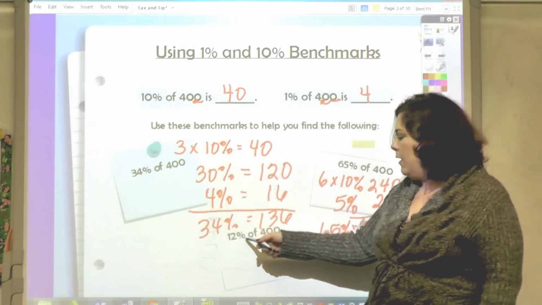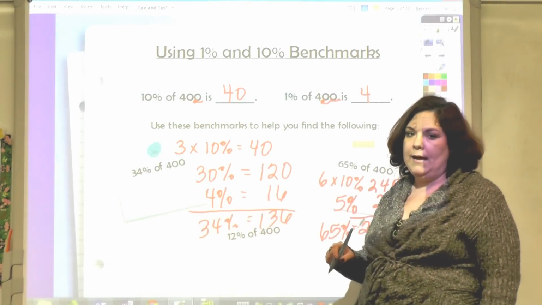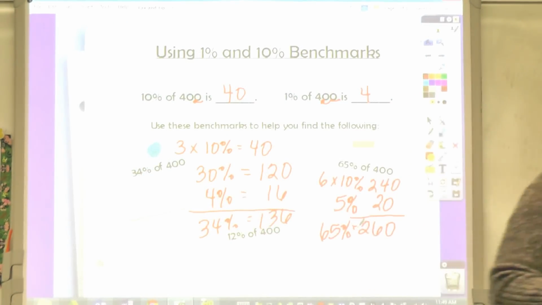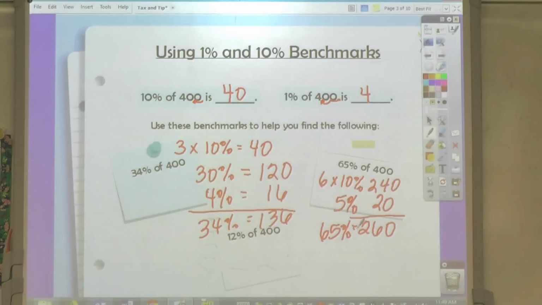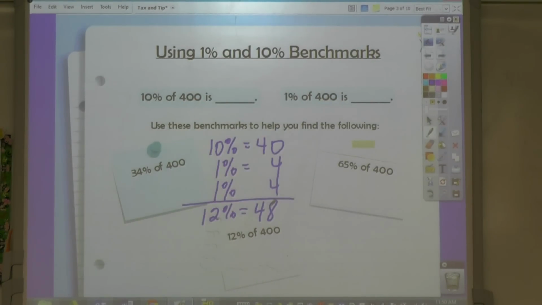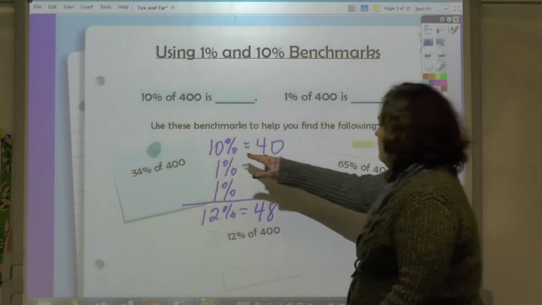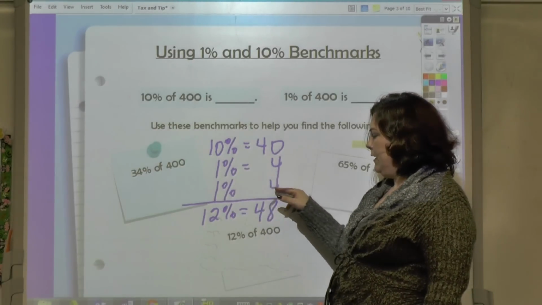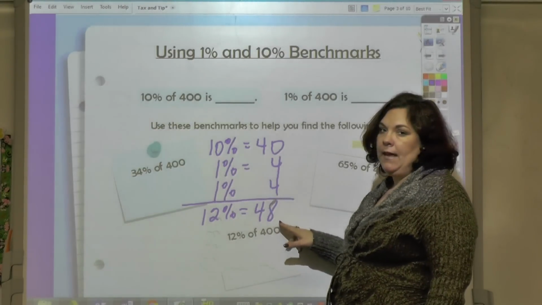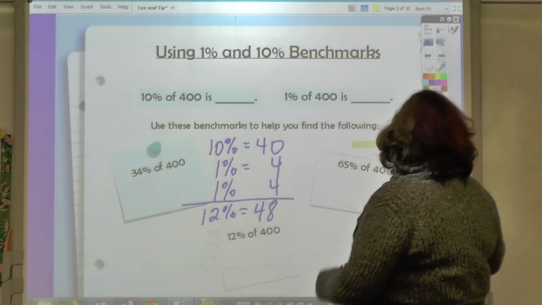So figure out 12% of 400 and then come back and check your work. So 10% would equal 40, and 1% would equal 4, and 1% would equal 4. So you add all of that up and you get 48.